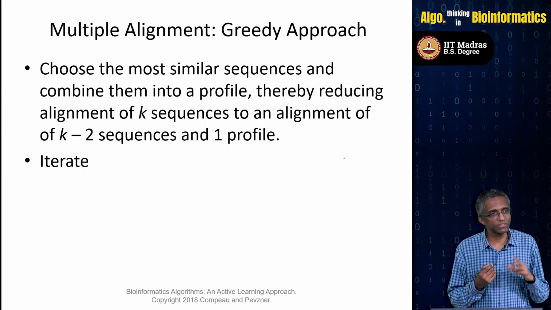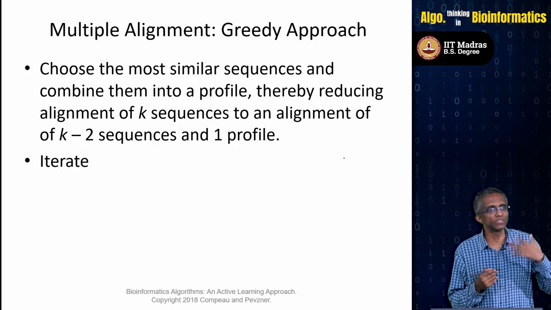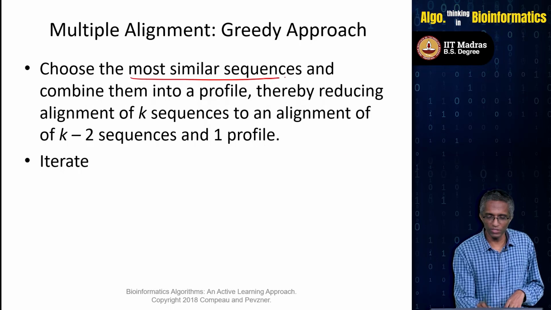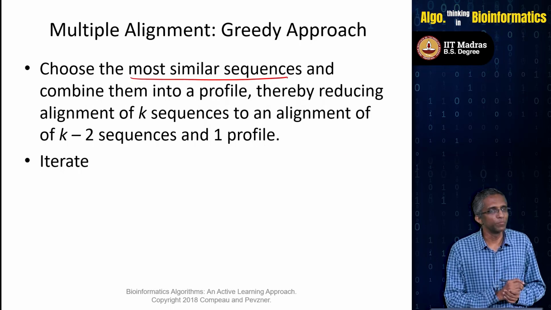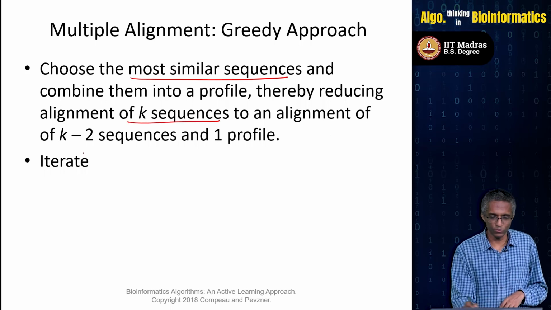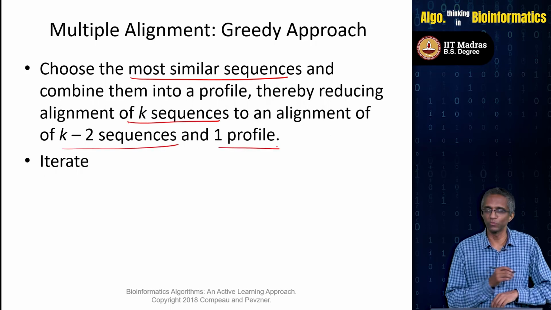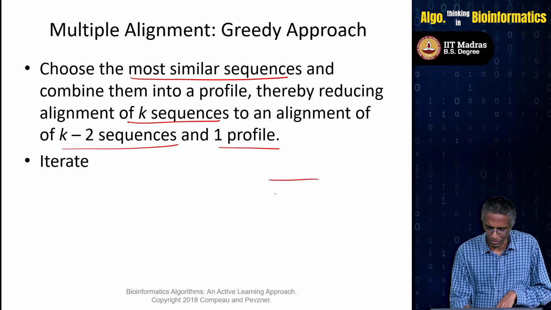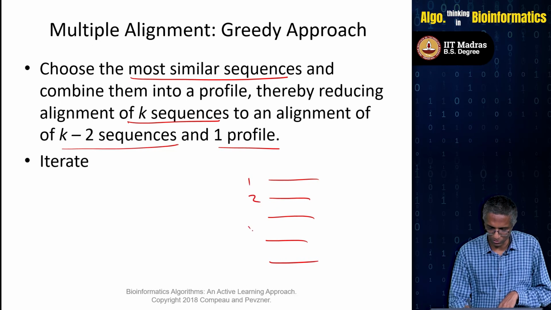But if you have such subroutines for aligning a sequence against a profile or a profile against a profile, then you can choose the most similar sequences, combine them into a profile, and reduce the alignment of k sequences into an alignment of k minus 2 sequences and one profile, right? So you have all these sequences, 1, 2, etc. to k.